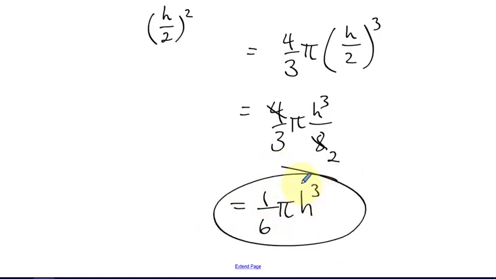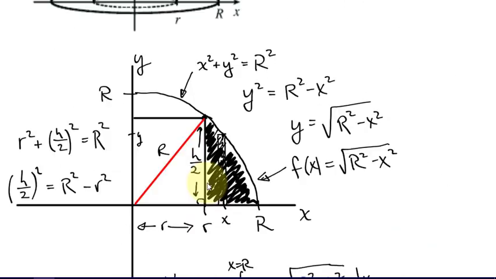This is a formula for the volume, so it's completely independent of the values of big R and little r. And that's amazing. How is it that that volume doesn't depend on the radius of the sphere and the radius of the cylinder drilled through it? They could be anything. All you need to know is the height.